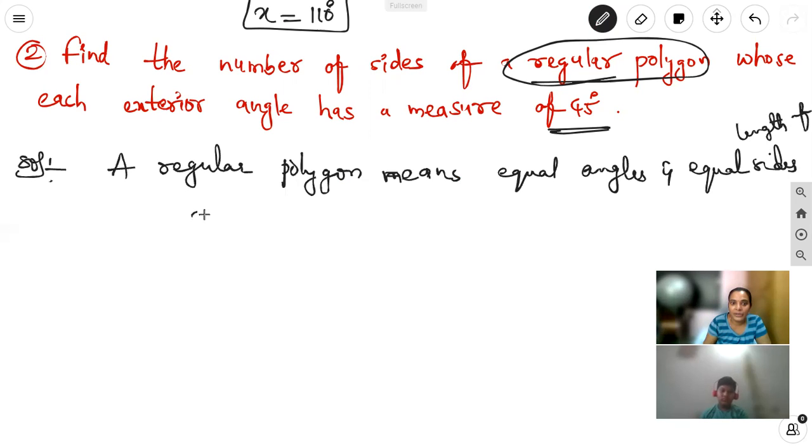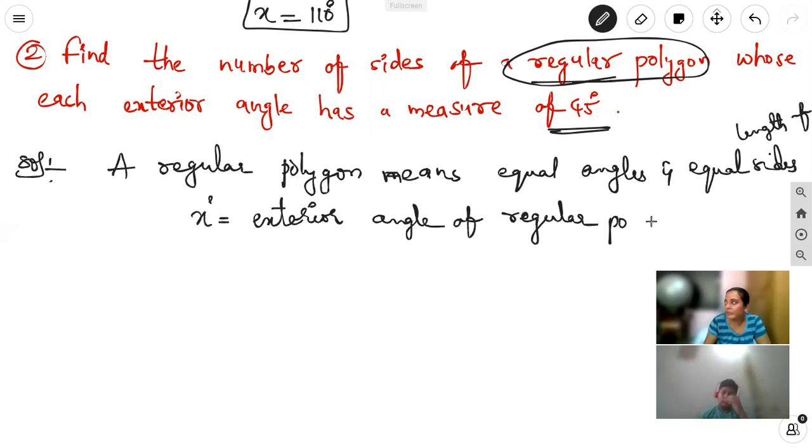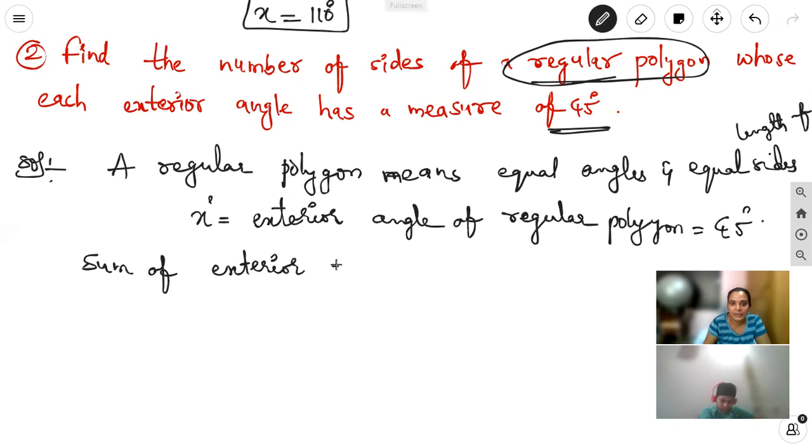So here we know x degrees is equal to the exterior angle of a regular polygon. It is equal to 45 degrees. We know that the sum of exterior angles of a polygon is equal to 360 degrees.